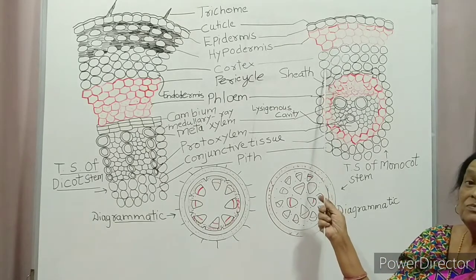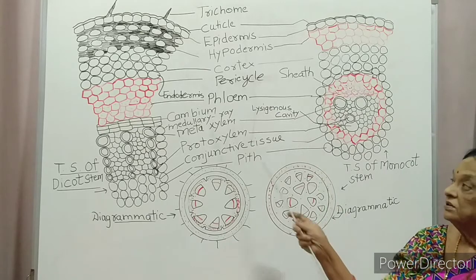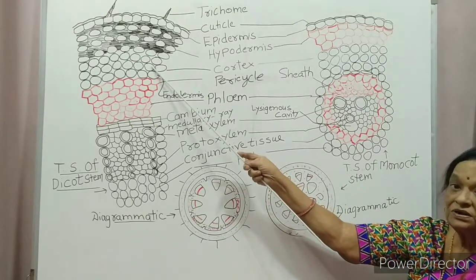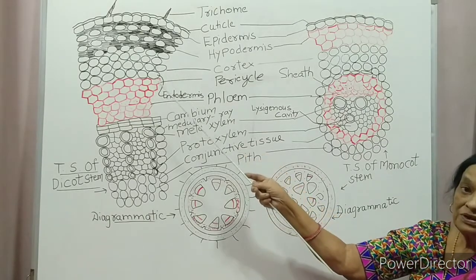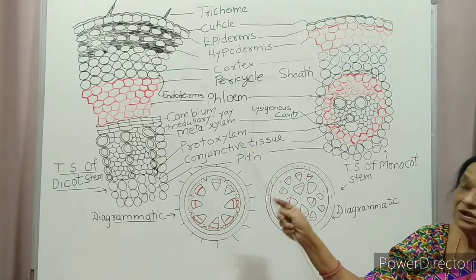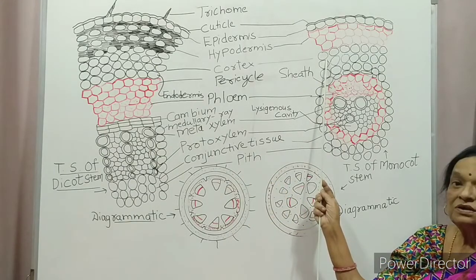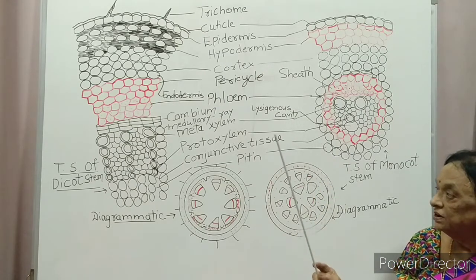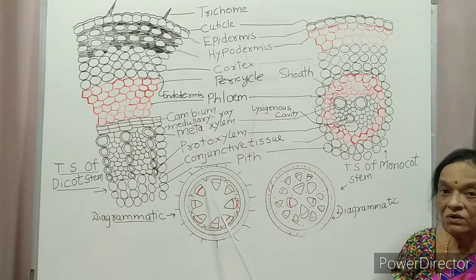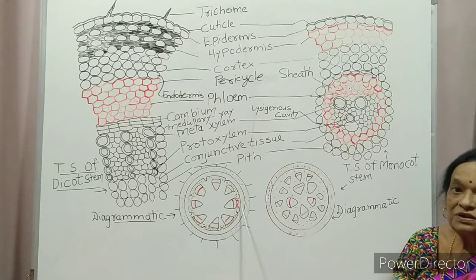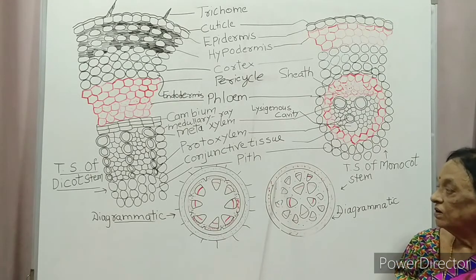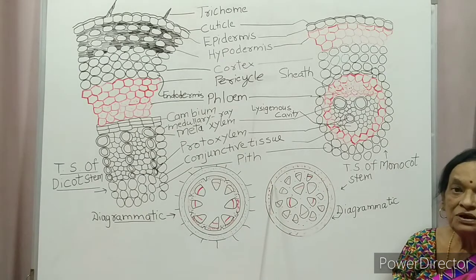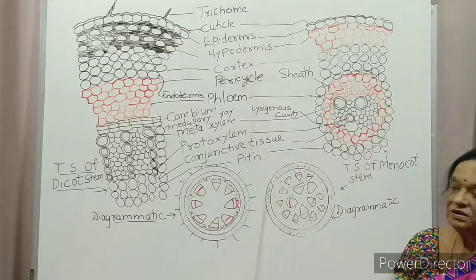Here no endodermis, no pericycle. So the cortex is differentiated into pericycle and endodermis. Here the cortex is undifferentiated. Vascular bundles in the dicot stem are arranged in a ring. In the monocot stem, vascular bundles are scattered.